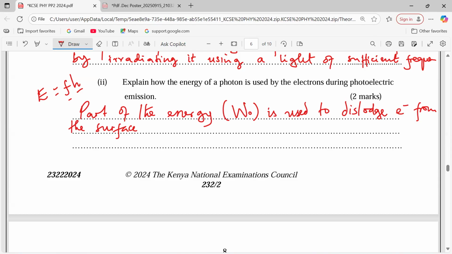They are usually attracted to the nucleus. So energy is used to break the forces of attraction.